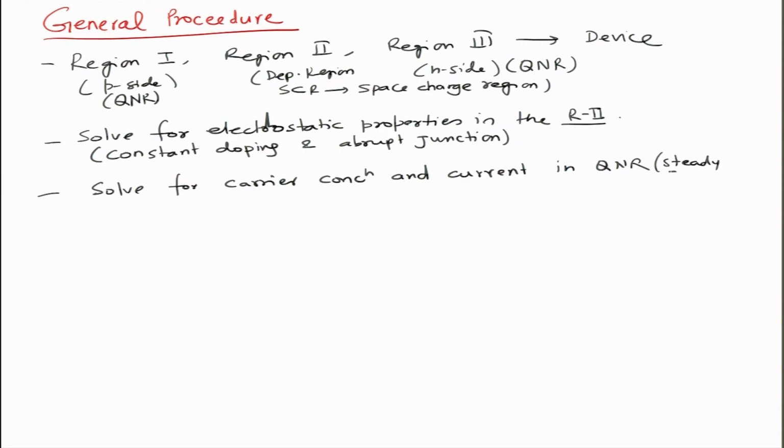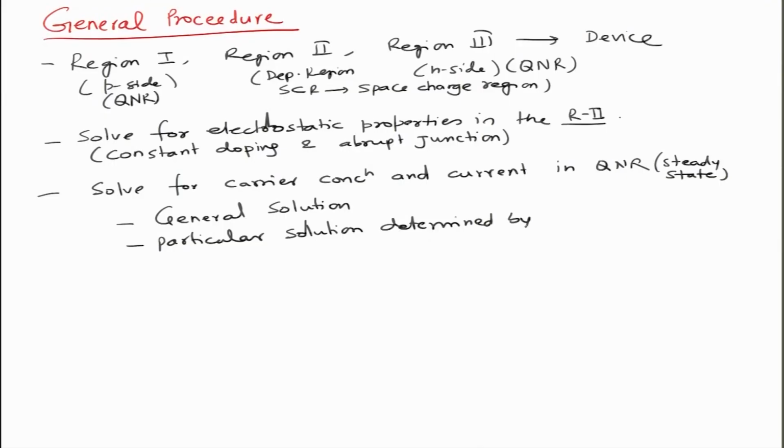So, we assume that this is under steady state. So, and what you do in this is, first you get a general solution, and then you find a particular solution depending upon the conditions at the edges and boundaries, determined by boundary conditions. Okay.